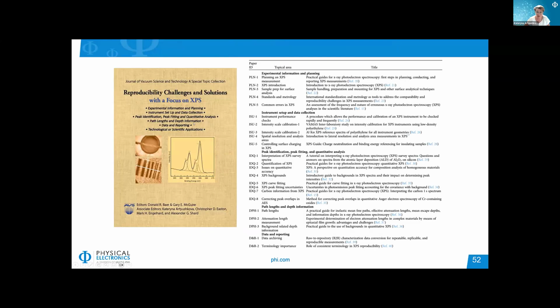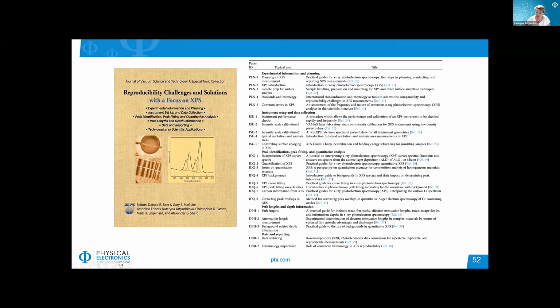So this is the table for this first topical collection. We can see that it has several sections. It has a section on planning the experiment, setting up and collecting your data, and this is what talks about the charging effects. There is a whole section on peak identification, peak fitting, and quantitative analysis, and it talks about quantitative accuracy, backgrounds, and curve fitting.